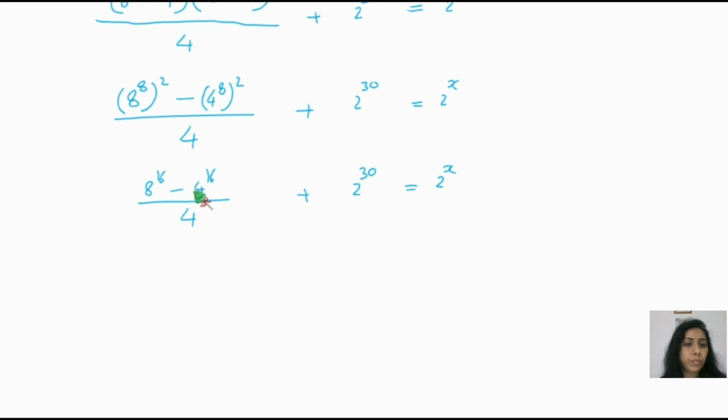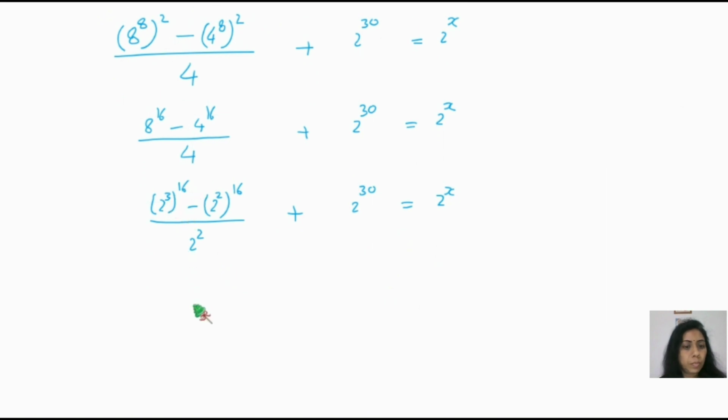Here 8, 4 and 4 we can convert into 2 to the power something. So 8 we can write 2 to the power 3, to the power 16. 4 we can write 2 square to the power 16, and this 4 we can write 2 to the power 2. 2 to the power 30 equal 2 to the power x.